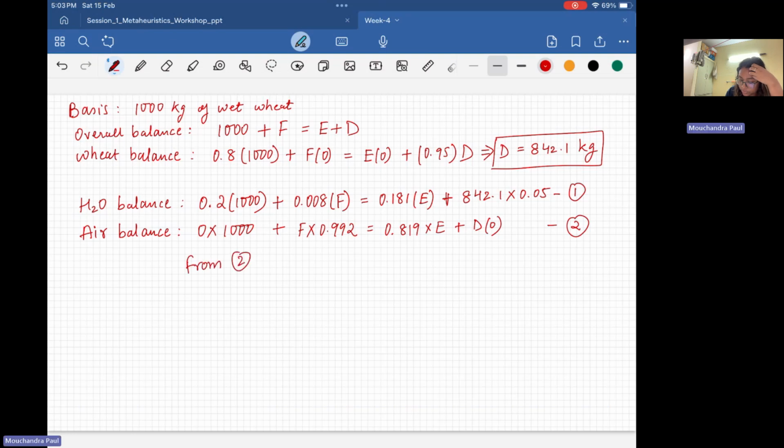From 2, we get E equals F into 0.992 divided by 0.819. So E equals F into 1.211.